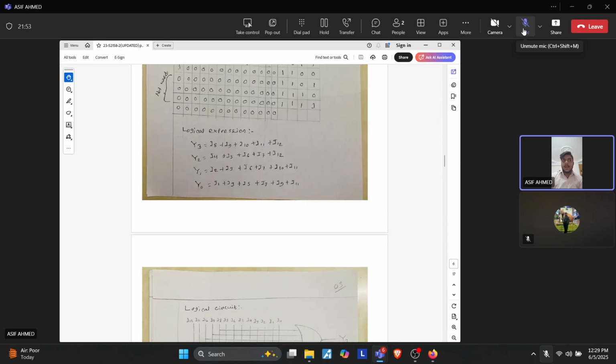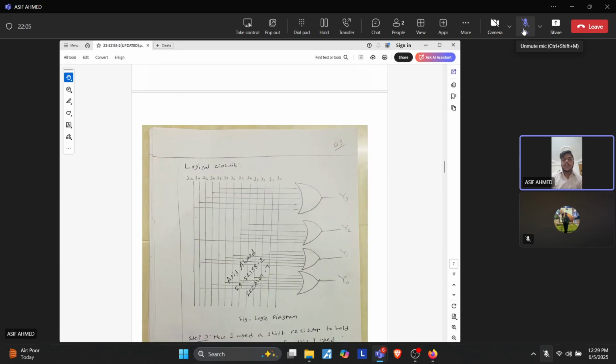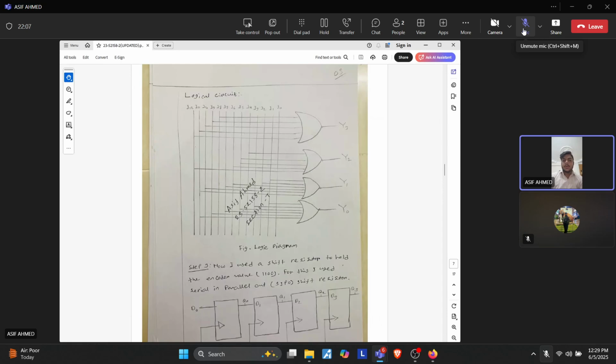For y3, I simply used an OR gate for y8 to y12: y8, 9, 10, 11, and 12 are added with the OR gate.